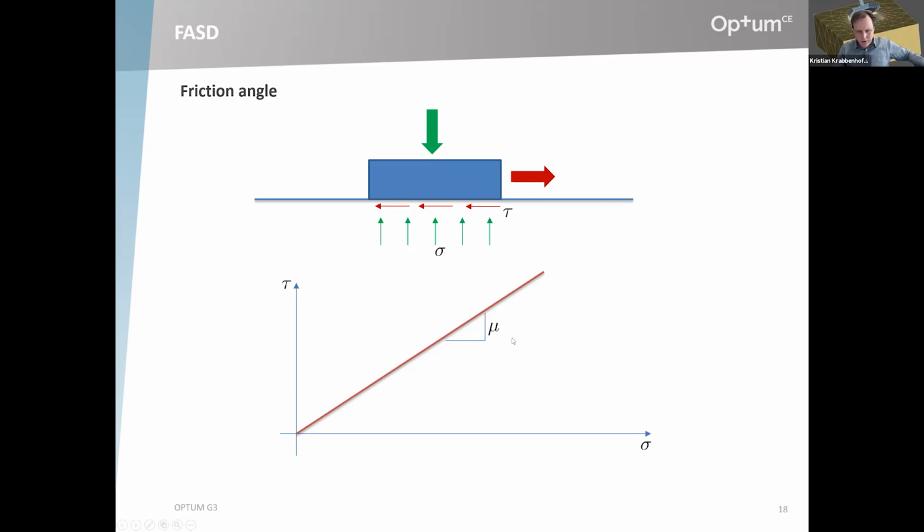This ratio is the friction angle. We can plot this failure criterion, and then we can characterize this failure envelope by the inclination to the horizontal, and that gives us the famous Coulomb criterion. Shear stress is equal to the normal stress times tan phi at failure.